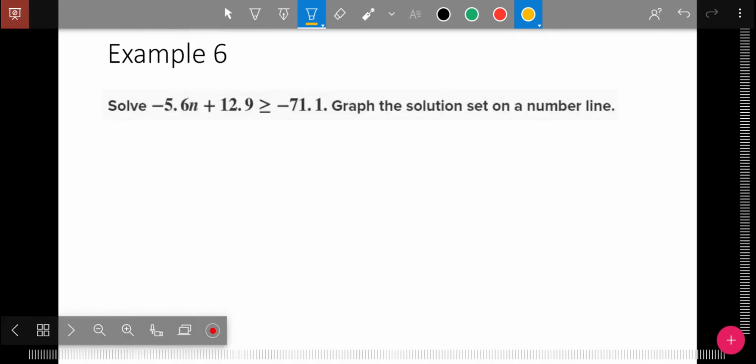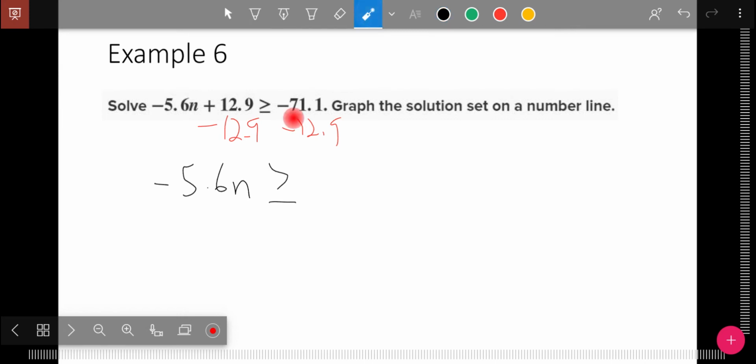The book's first example, obviously, is a little bit harder. We'll dive right into it here. The first thing I would do is subtract 12.9 from both sides. That gives me negative 5.6n, dropping the sign down.